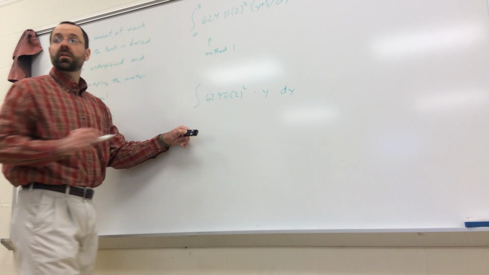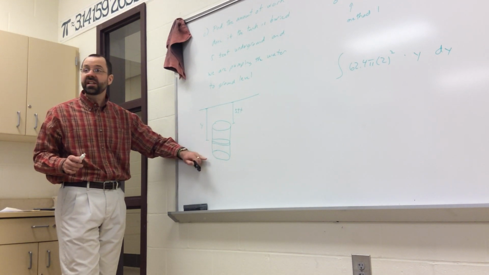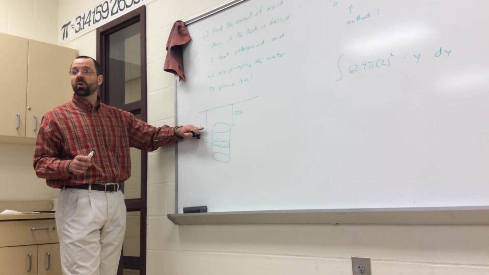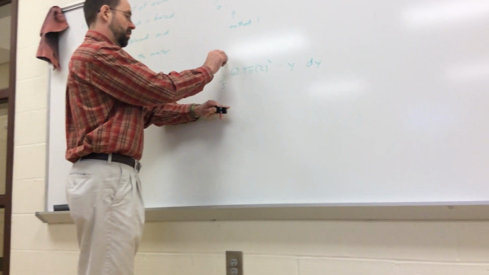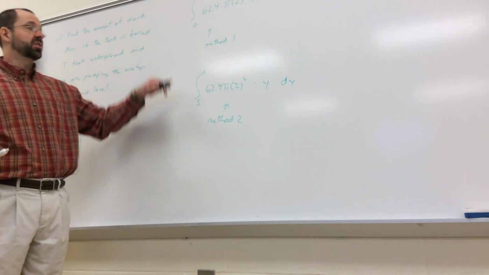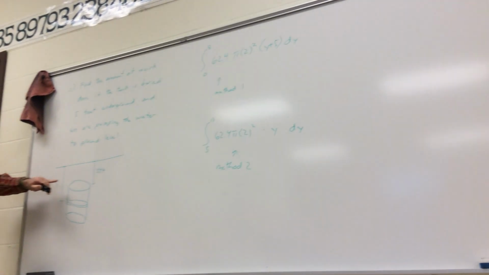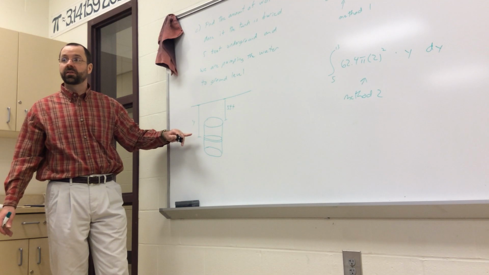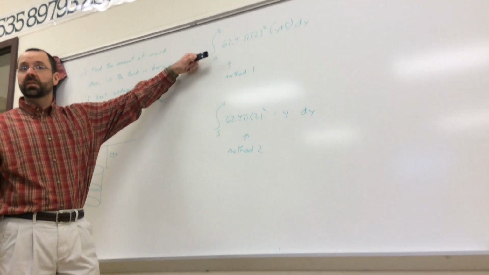But then the water starts at 5 and goes to 13 in that case. So both of these ways will give the same answer. It's just depending on what you want your y to represent. The top method is if y represents the distance from the top of the tank down, and the second method is when y represents the distance from the ground down. You'll get the same answer either way.